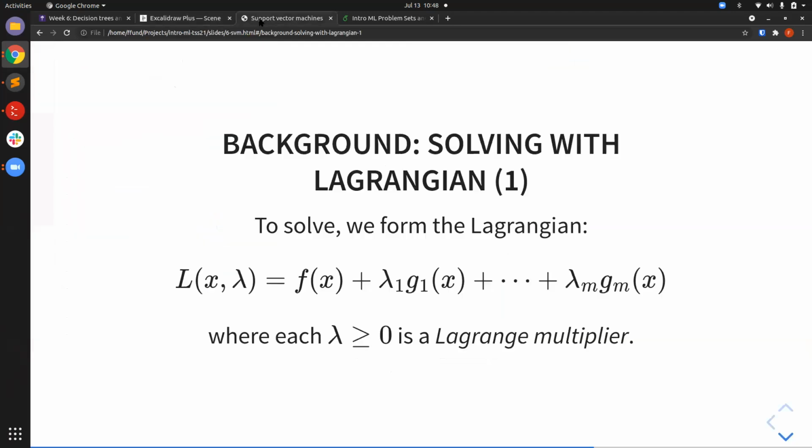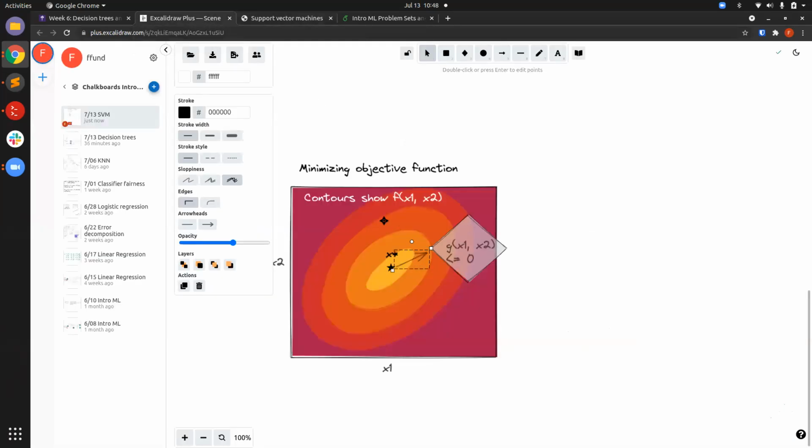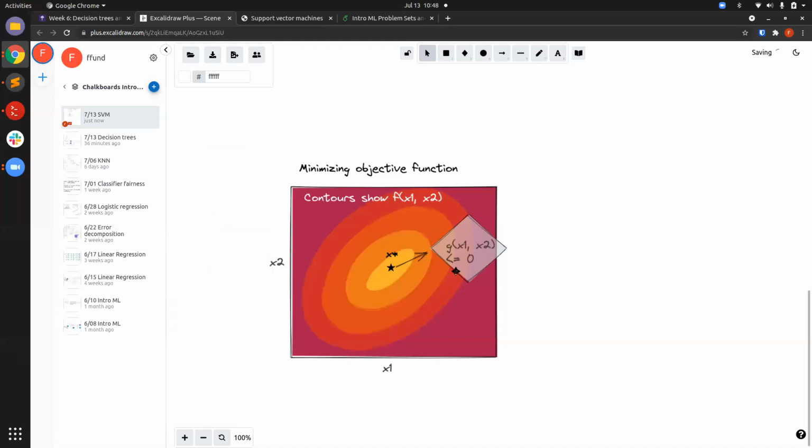So now if I solve this problem where I'm minimizing this instead of the original objective, you can see that the Lagrange multipliers pull towards the feasible set, where the greater the value of lambda, the more strongly I'm pulled towards here.